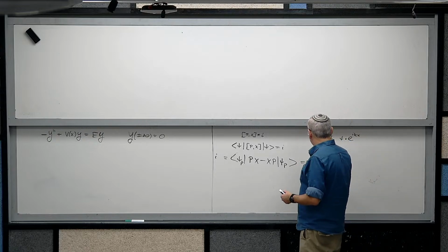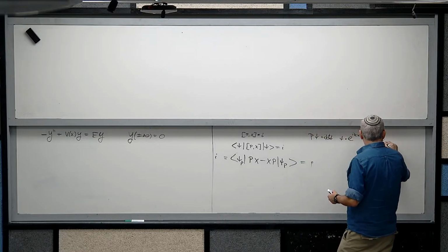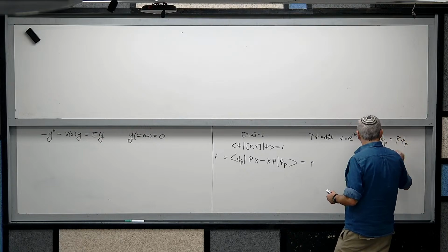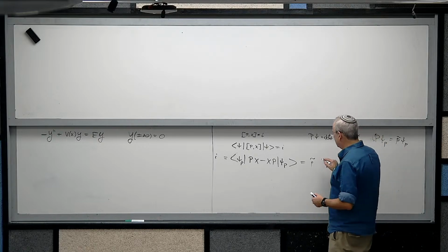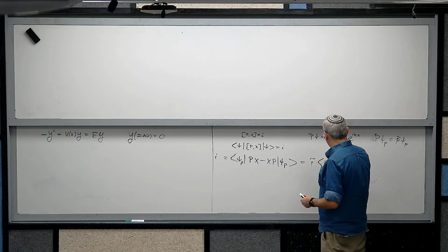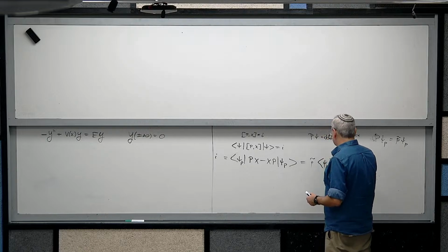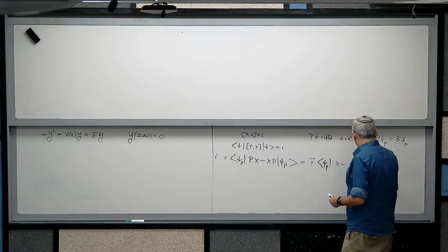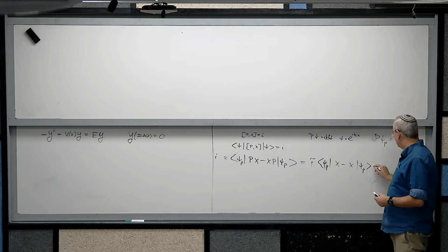So I'm saying that p acting on psi p is p tilde psi p, right? So I get p tilde times psi p, and here I have x minus x psi p, which is 0.